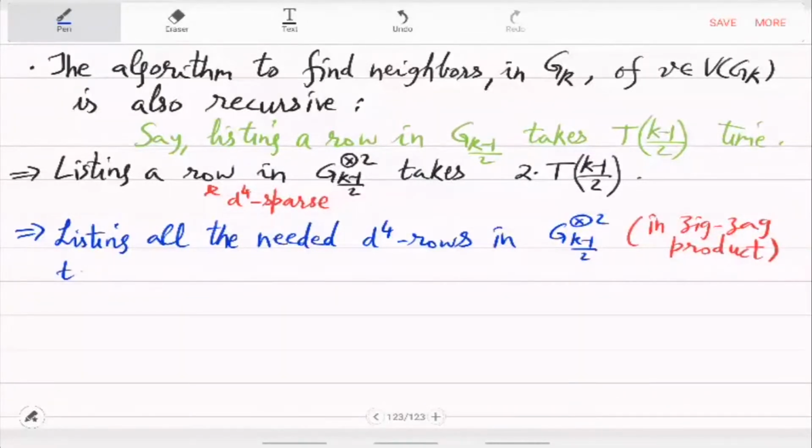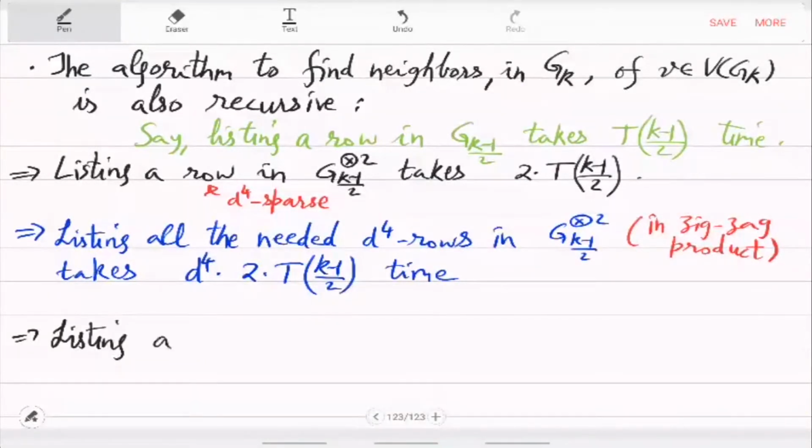So this will take d raised to 4 times 2 times t_{k-1} time. Okay, this is what it takes to list a row in Gk.